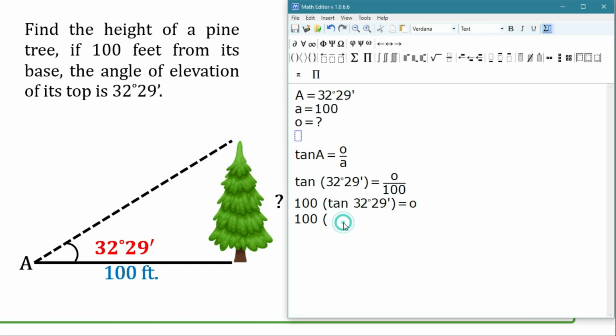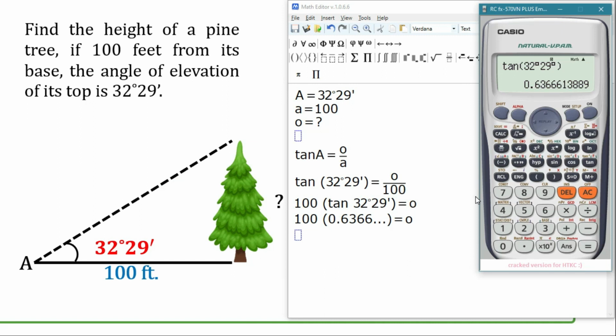I'm gonna put ellipsis, meaning to say there are still a lot of numbers after the last number, and that is equivalent to O. So i-multiply lang natin ito by 100.